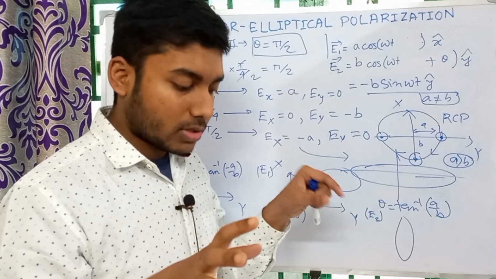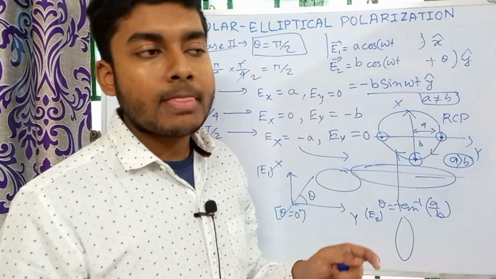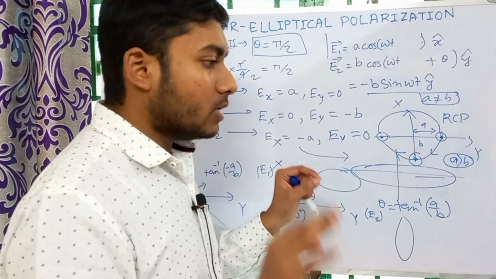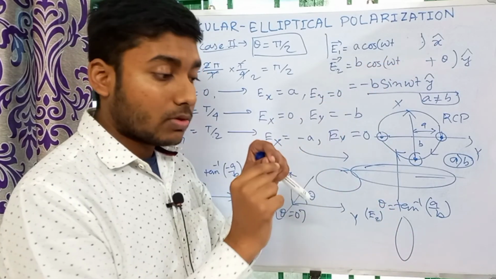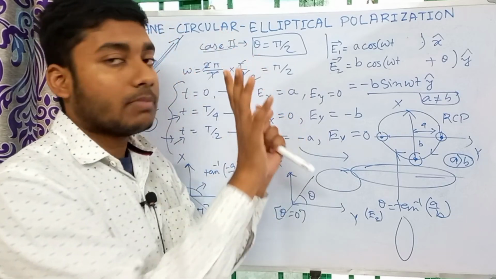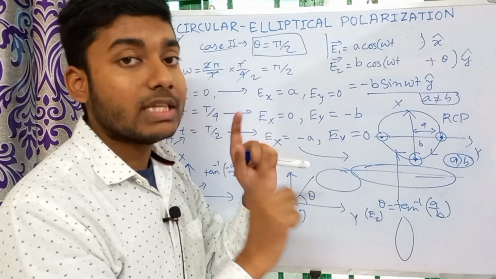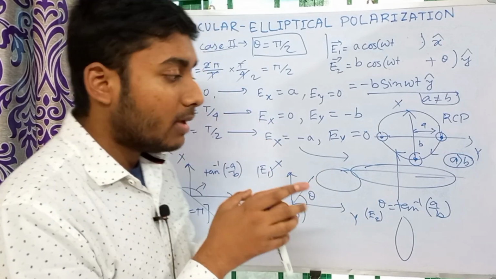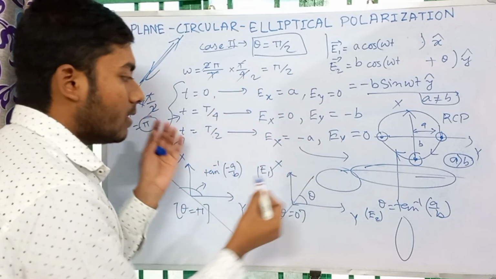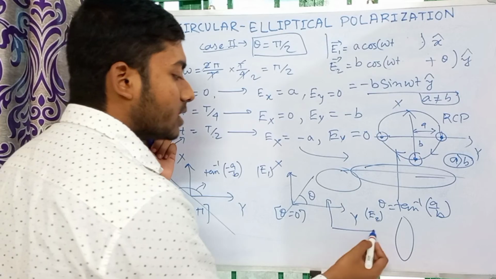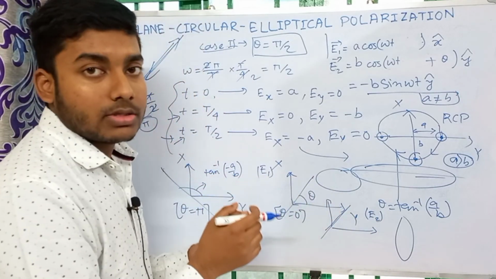If you want to understand the concept of phase conceptually, I will give the link of the video. From there you can easily understand that. In case number 1, theta was equal to 0. That means the two vibrations were in phase, so the elongation in x direction and in y direction is the same. That's why we got the resultant as a straight line.